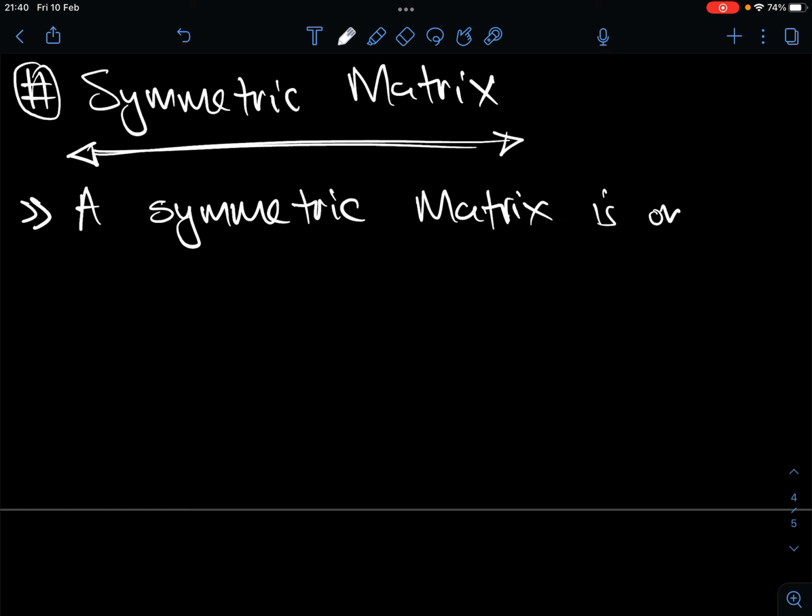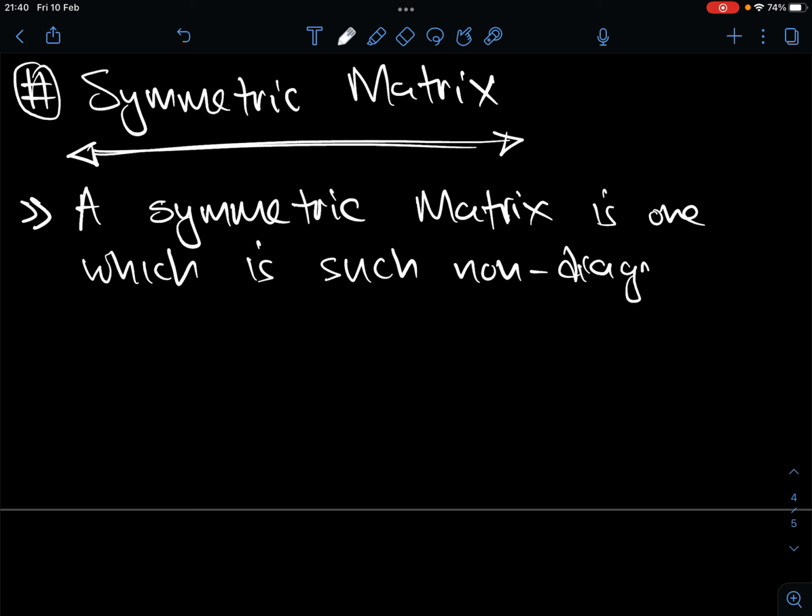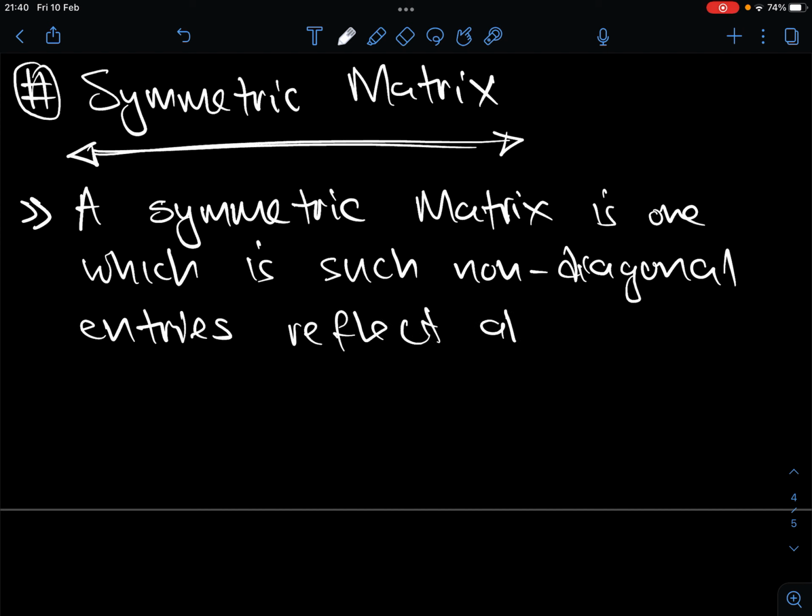A symmetric matrix is one which is such that non-diagonal entries reflect about the diagonal.